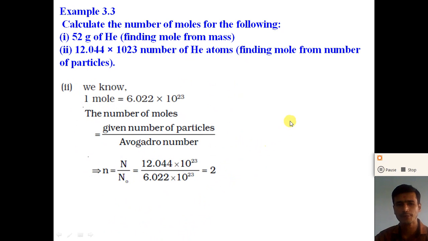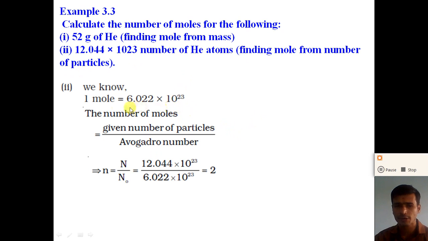Next, how can we find the mole from the number of atoms? The number of moles is the number of particles, or number of atoms, divided by the Avogadro number. If we divide the number of atoms by the Avogadro number, we get the mole. So here, the number of He atoms given to you is 12.044 into 10 raised to 23, divided by the Avogadro number.